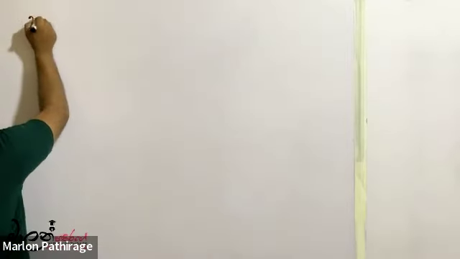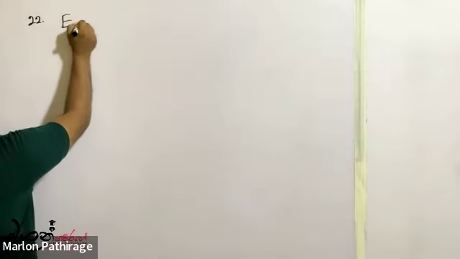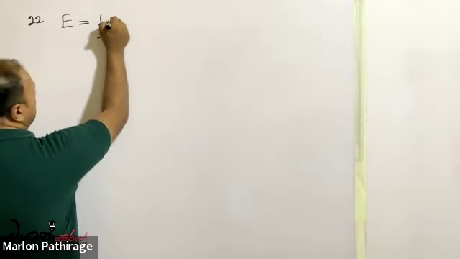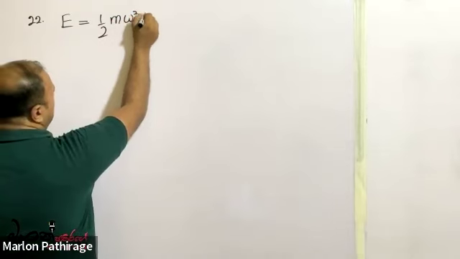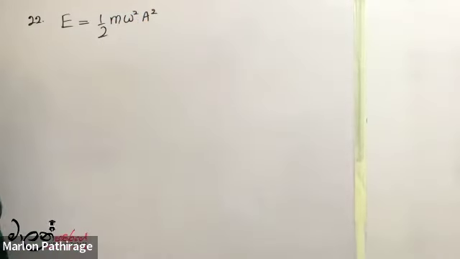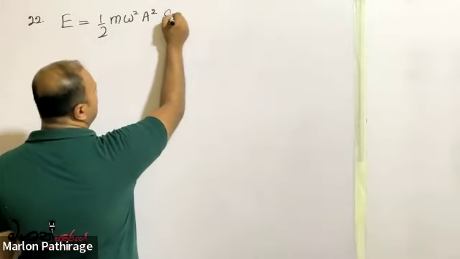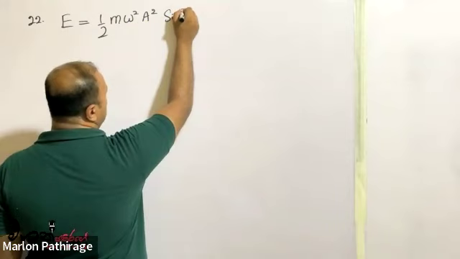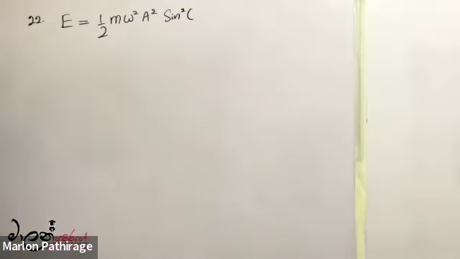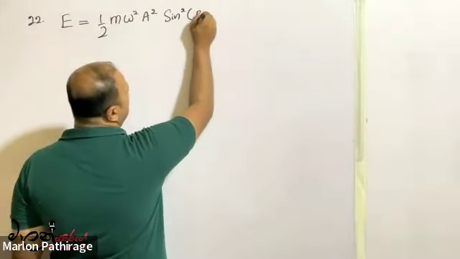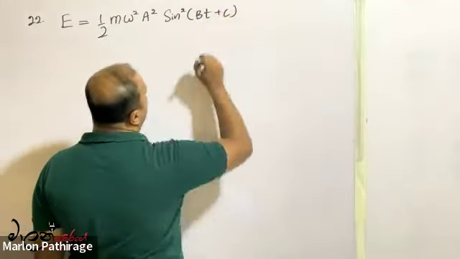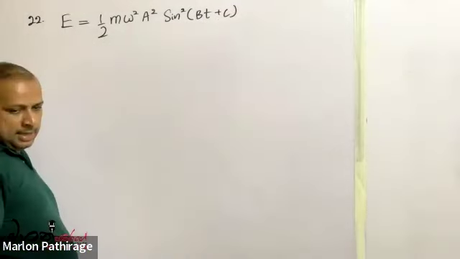Question number 22. E is equal to half m omega square A square sin square omega... So sin square BT plus C. Right.